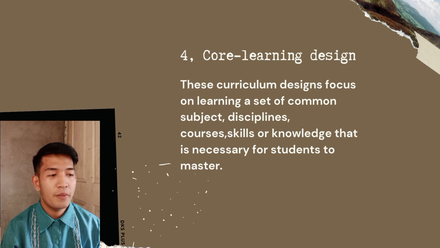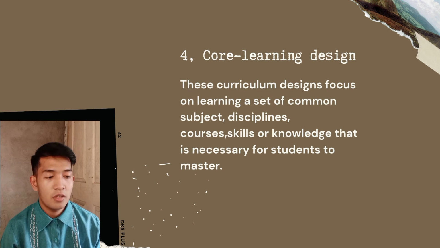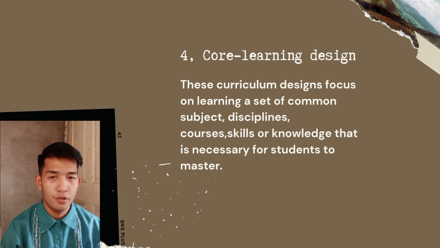This curriculum began in the early part of the 20th century in the US. It was an experiment on liberal higher education and it remains until now. The central theme of this design is not just to provide common learning to students. It also aims to provide an education that is transformative and relevant to all types of learners.